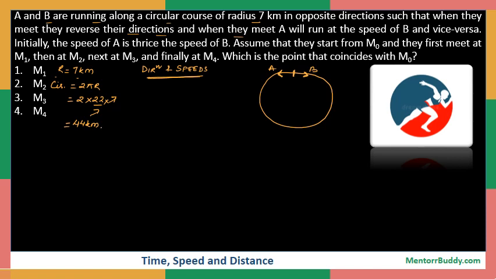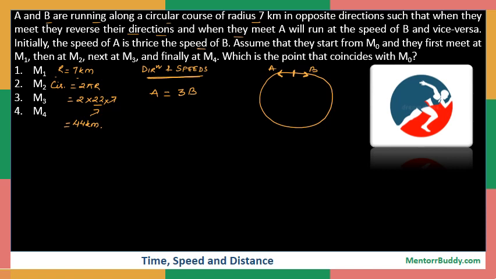Also, it is given that the speed of A is thrice the speed of B. That is, if the speed of A is A and the speed of B is B, their speeds are in the relationship that A is thrice B.